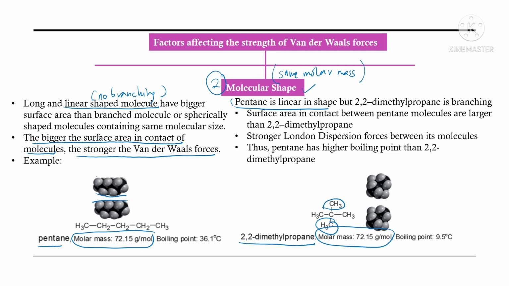So pentane, being linear in shape because of no branching, will have larger surface area in contact between molecules for van der Waals forces. Therefore, we expect the van der Waals forces between pentane molecules to be stronger compared to 2,2-dimethylpropane. And therefore, pentane will have a higher boiling point than 2,2-dimethylpropane.